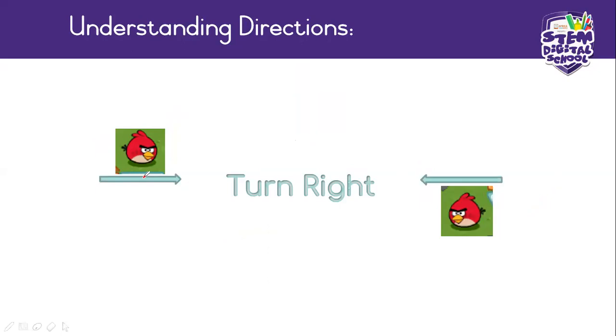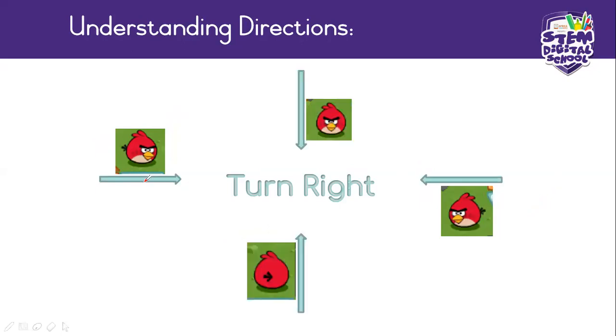Let's quickly see. With turn right, it's going to be exactly the same. Do you see that Angry Bird is facing 4 different directions? Now, if we look at this one first, and we say turn right, he will be going down. Okay, if Angry Bird faces this way and we say turn right, he's going up.